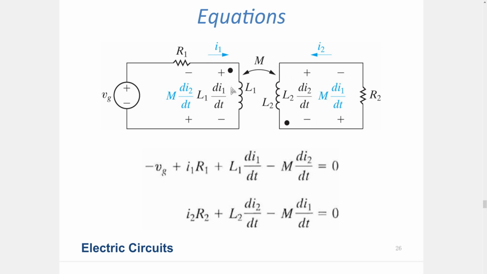Because these inductors are located closely, they affect each other. I hope this makes sense. It might sound a bit confusing at the beginning, but it's actually reasonable as long as the inductors are coupled together.